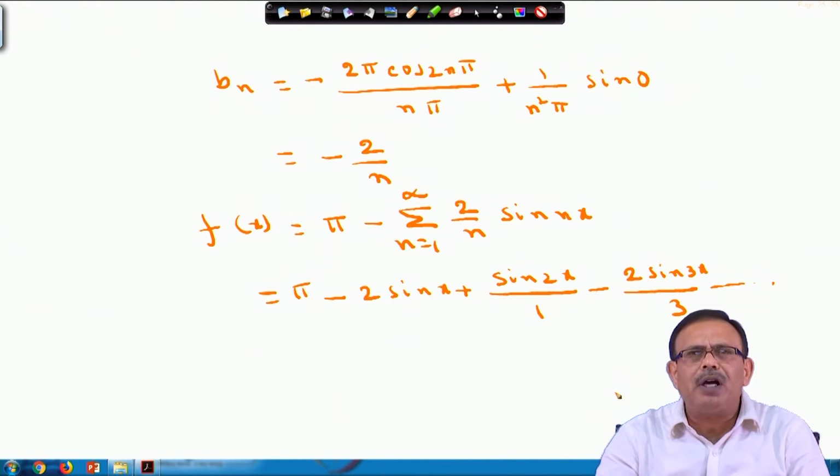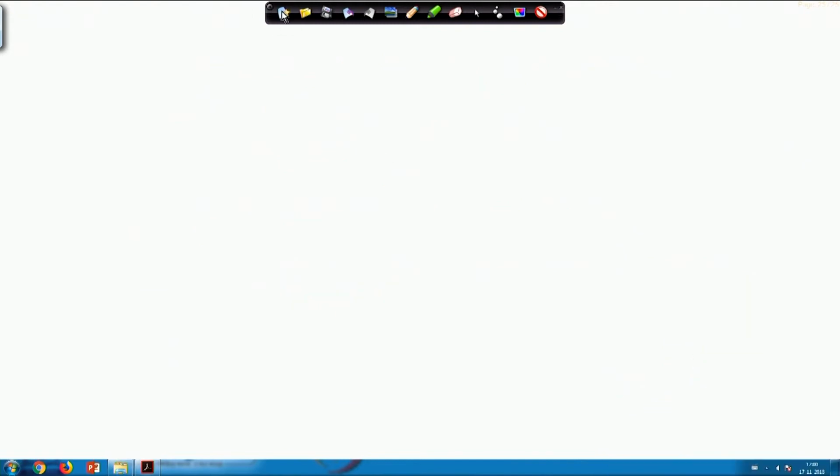I hope it is clear to you now that if a function f x is given to us, how to find the series for the function f x. And once I represent f x in terms of a Fourier series, that is in terms of sine and cosine series, then at any particular point where the function is continuous, I can find the value of the function also.